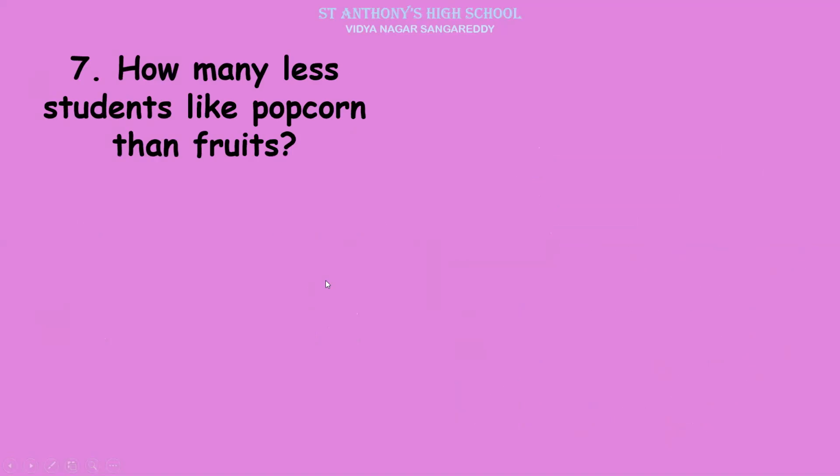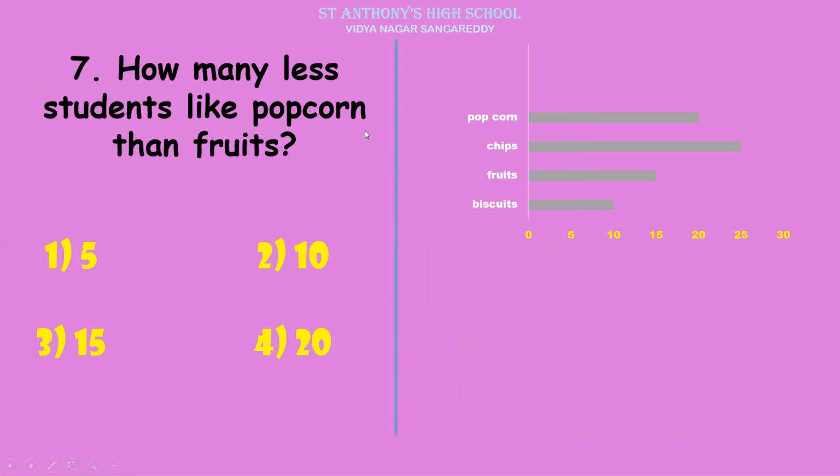So last question, how many fewer students like popcorn? In the previous question they asked about more students, but in this question they are asking about fewer students. 5, 10, 15, and 20. Let's have a look at the chart. If you observe here, they are asking about popcorn and fruits.